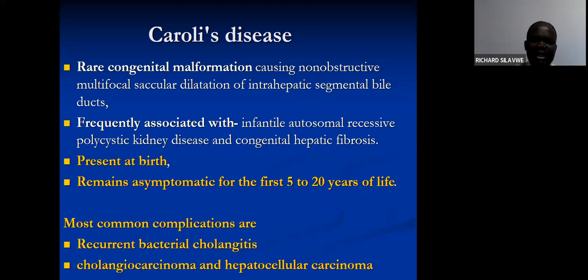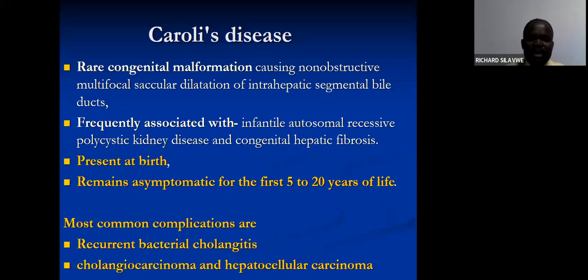So you find that a child can be born with Caroli's disease, but then the child will grow up maybe up to 20 years without being diagnosed. And then maybe when that patient comes to our department, you'll be able to discover that actually there is Caroli's disease in the patient.